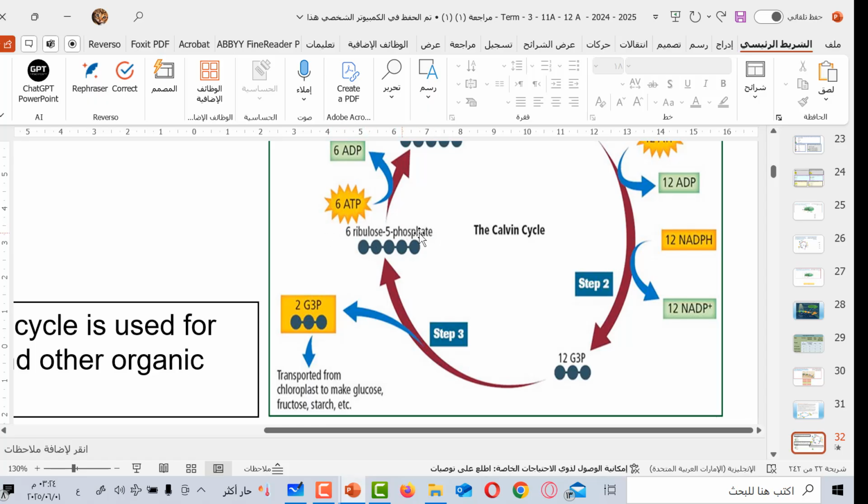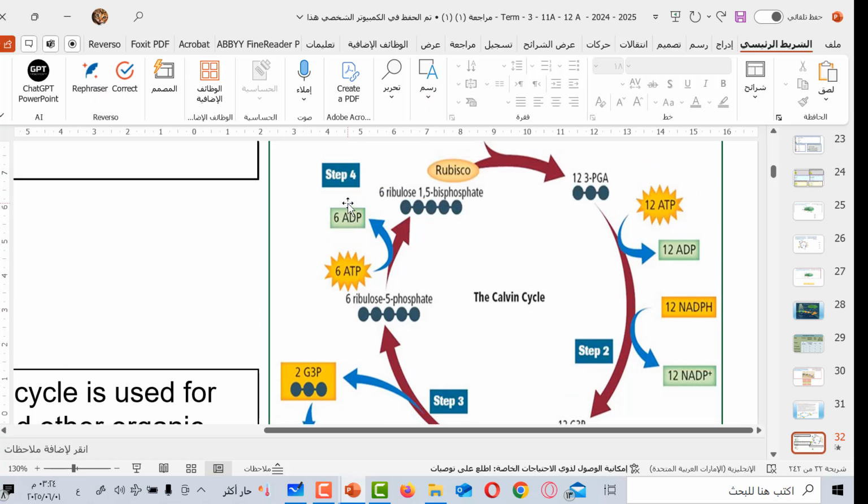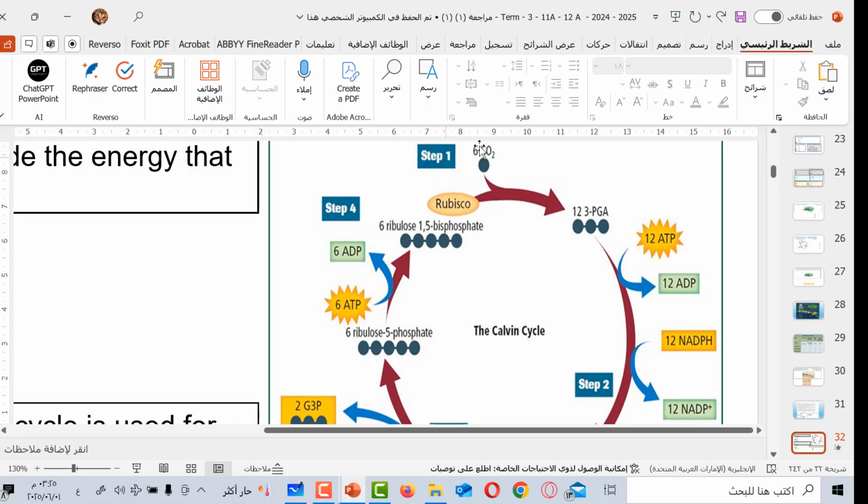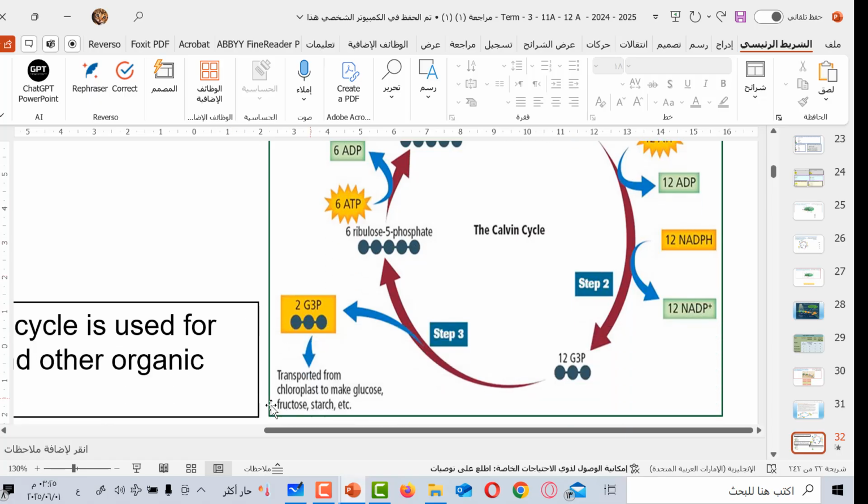Okay, ribulose 5-phosphate, it's 6 molecules. It needs 6 phosphates to change to 6 ribulose 1,5 bisphosphate, not only 5 phosphate, okay? So it will be changed to 6 ribulose 1,5 bisphosphates, which is called RuBP, by Rubisco. Rubisco enzyme adds 6 CO2 and this Calvin cycle still works, okay?